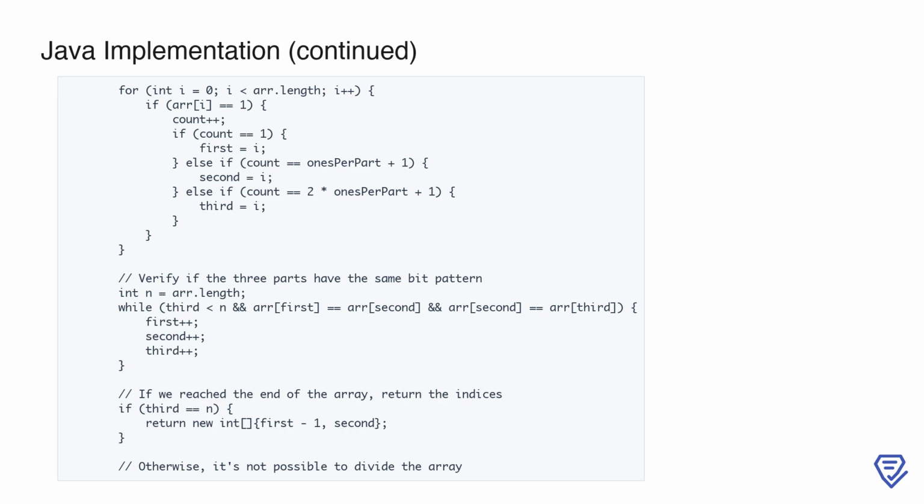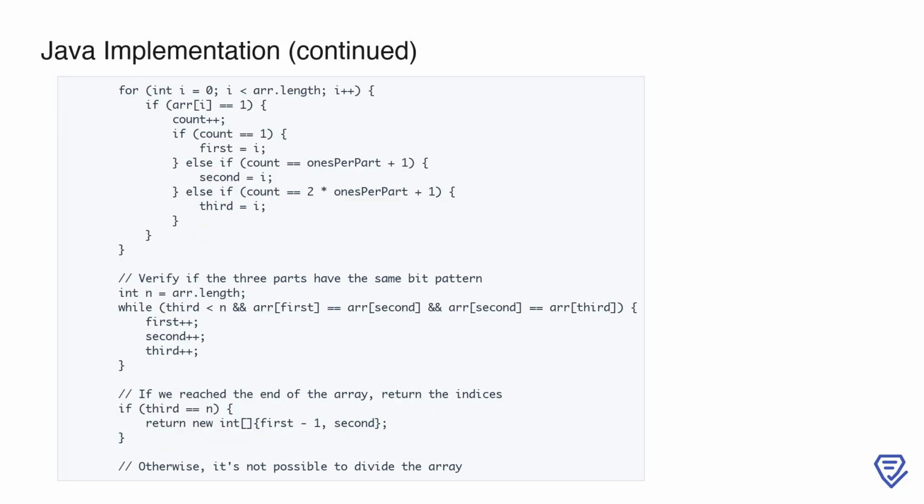Each time we encounter a 1, we increment the count. The first 1 marks the start of the first part, so we record its index in the variable first. When the count reaches the number of ones for the second part, we record the index in second. Similarly, the index for the beginning of the third part is recorded when the count matches twice the number of ones per part plus 1.